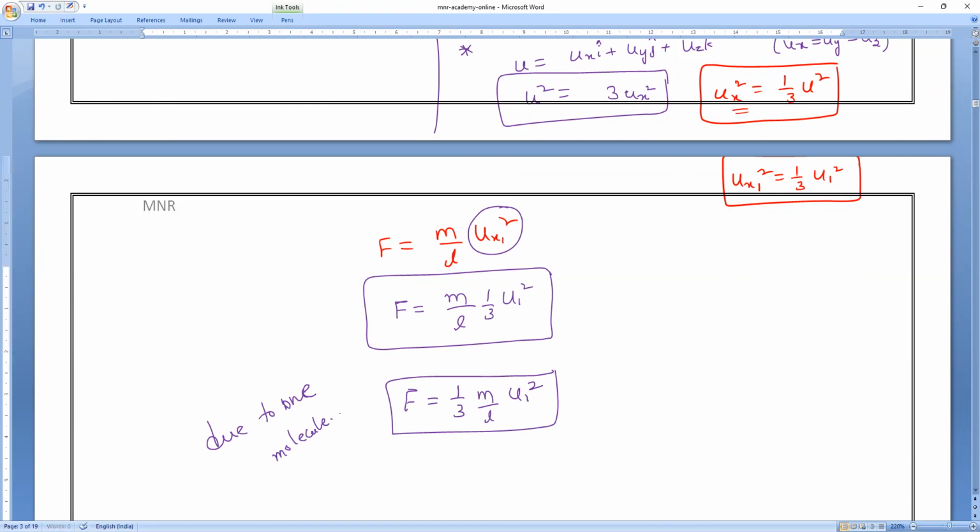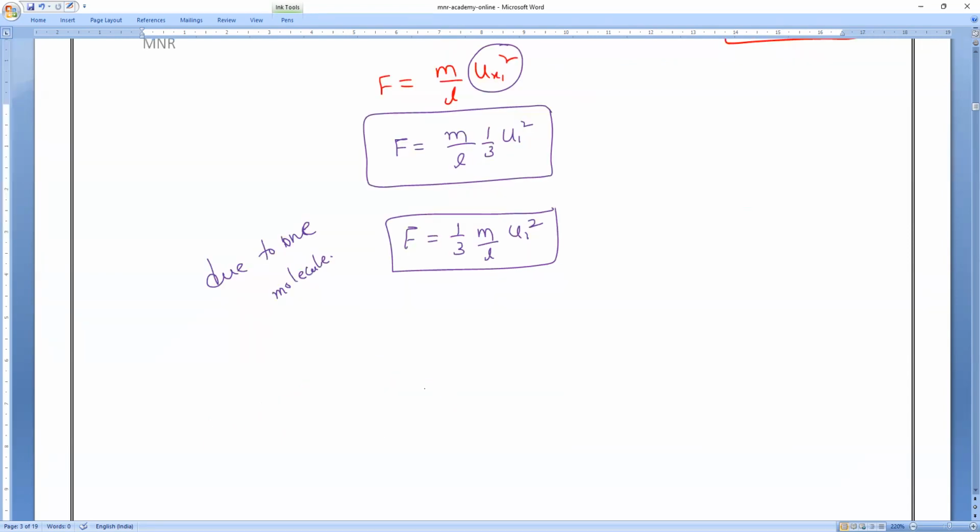Completed? Understand? Everyone? Yes, sir. This is for one molecule. Totally, how many molecules do we have in the gas? Everybody? N molecules.